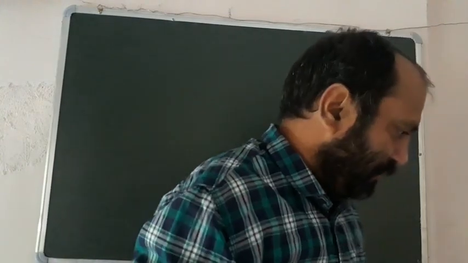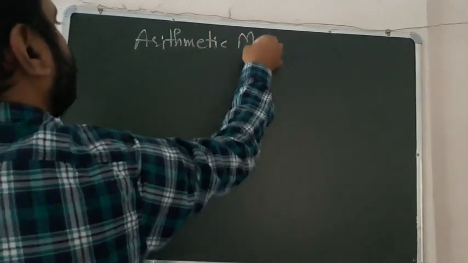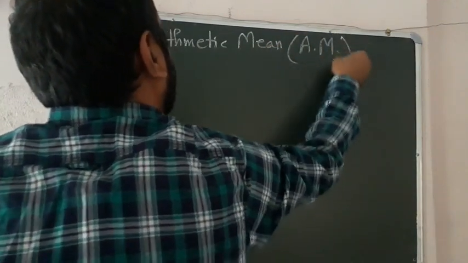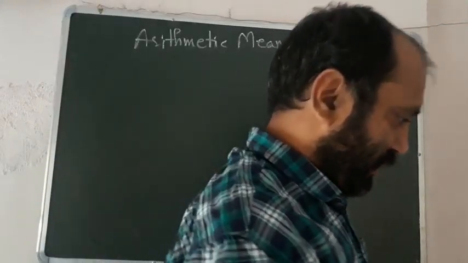Now beta, the next topic is arithmetic mean. Note it down. The arithmetic mean is denoted by AM.